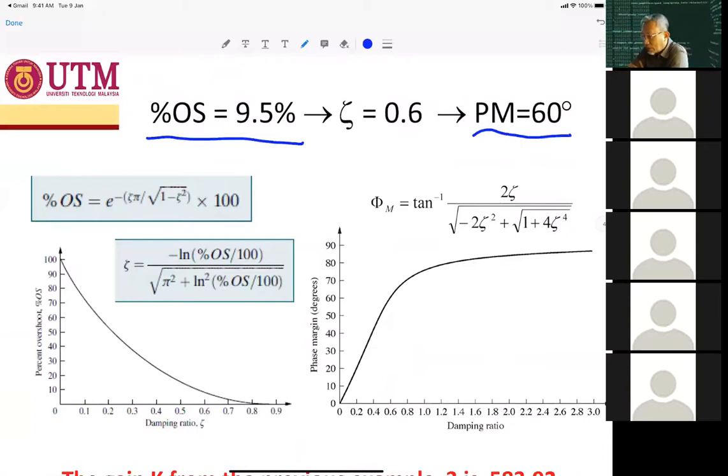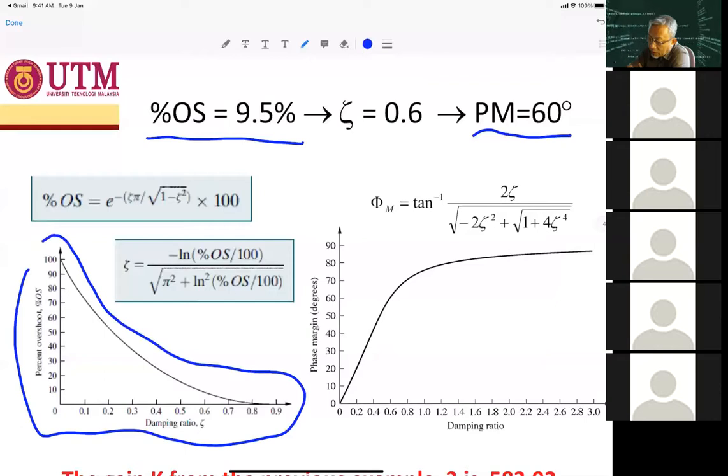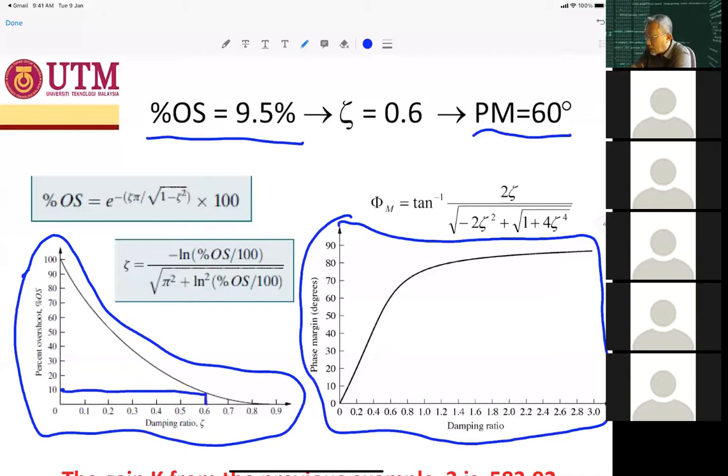You can use a graph given here. This graph is faster compared to the formula. This graph will be included in the exams so that by using it you can get the values. So 9.5 is about here, 0.6, and then 0.6 is about here, which is 60 degrees, something like that.